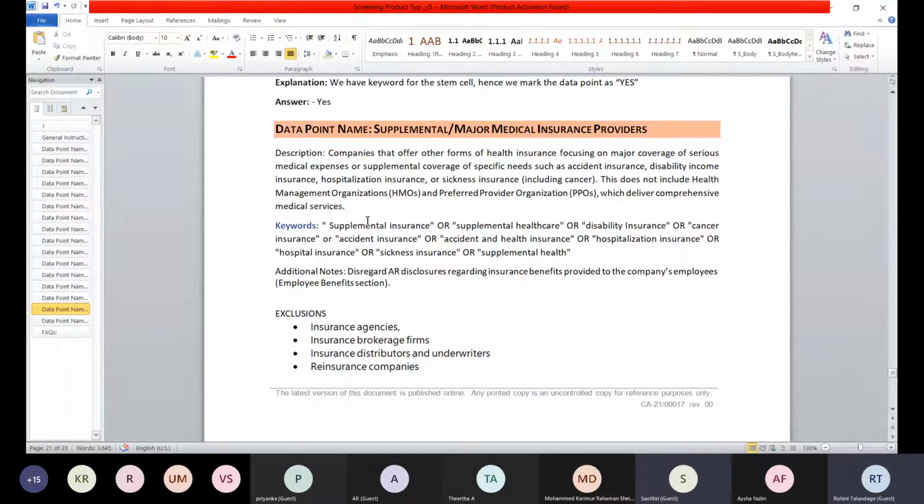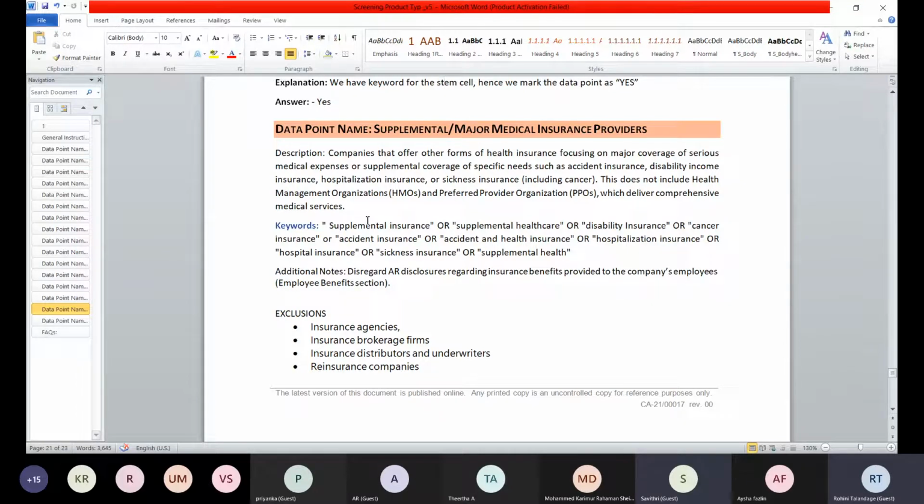For this data point we have to check whether the company offers any forms of health insurance, which focuses on the coverage of serious medical expenses or the supplemental coverage of specific needs like accident insurance, disability income insurance, or hospitalization insurance.